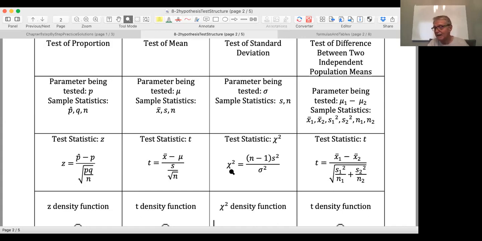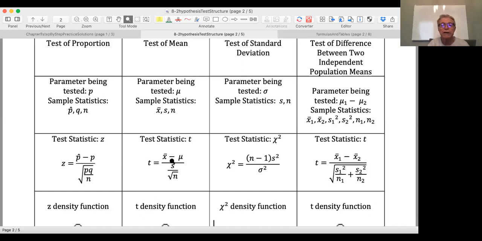And the reason we're using these formulas is because they compare the parameter in the population that is being tested with the sample statistic which estimates that parameter. So when we're testing for proportion, in the formula for the test statistic, we've got p hat, which is an estimate of p.